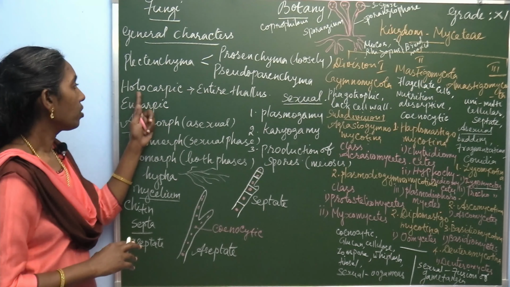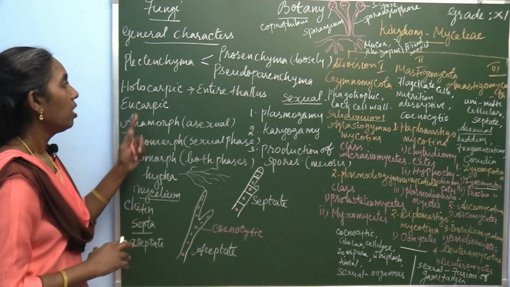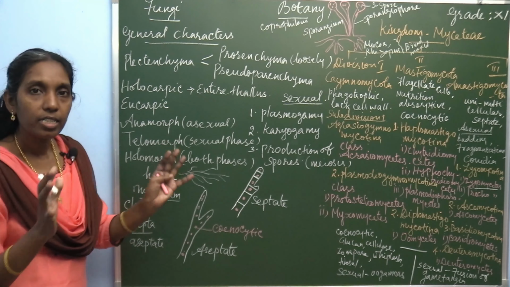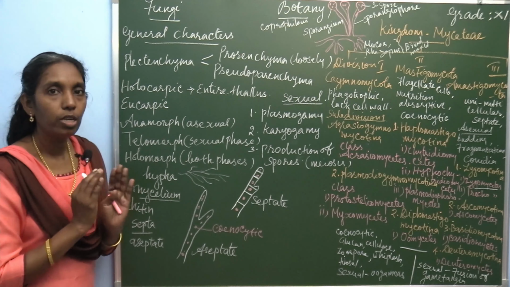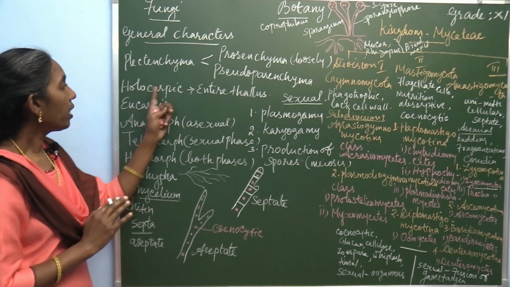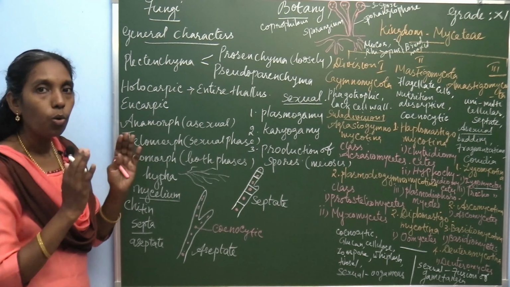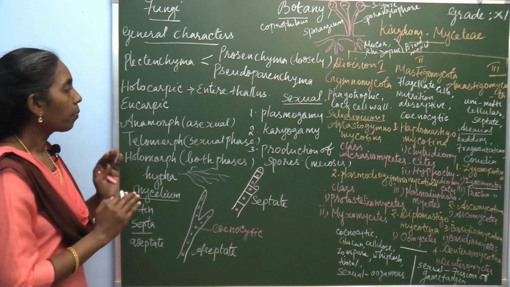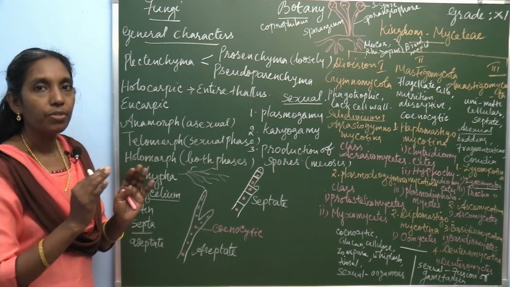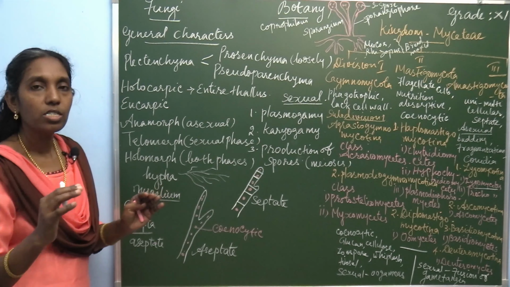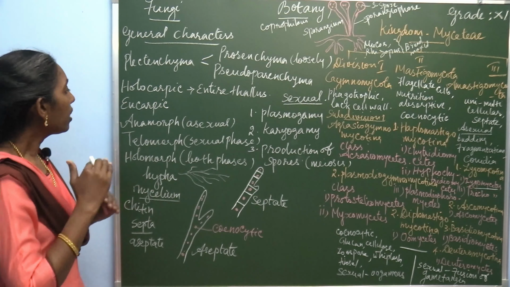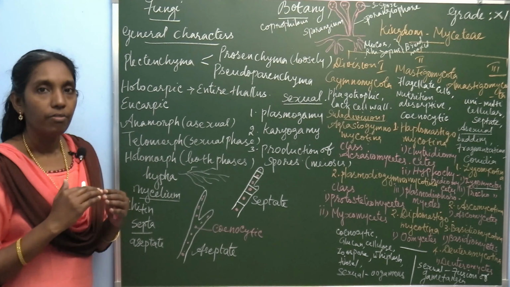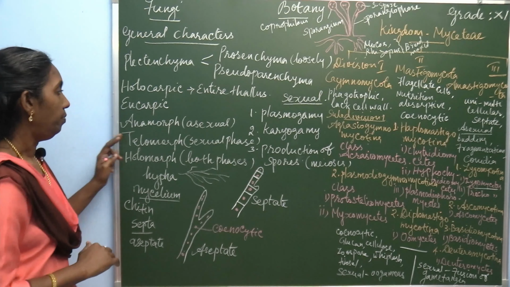Holocarpic is the entire thallus turning into a fruiting body. Eucarpic is partial, where certain regions produce the fruiting body and the remaining part is vegetative.